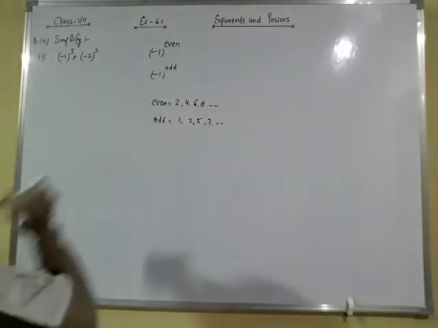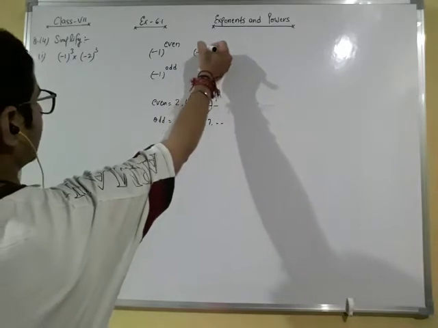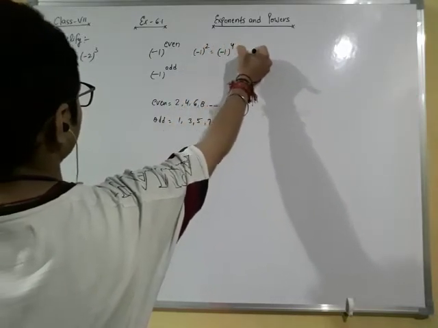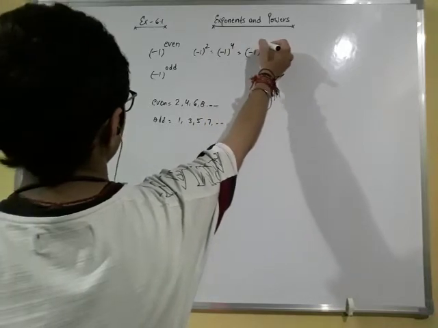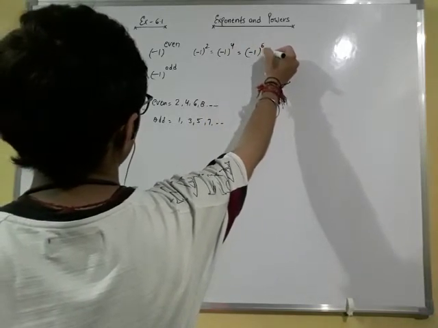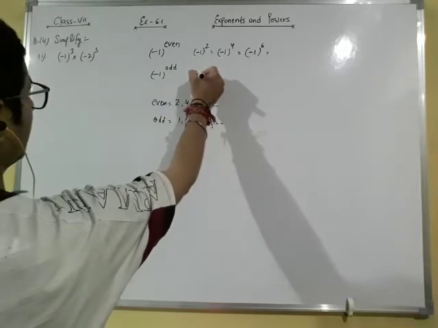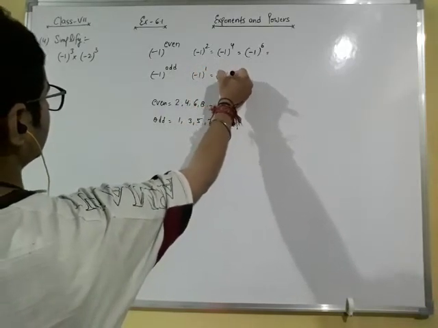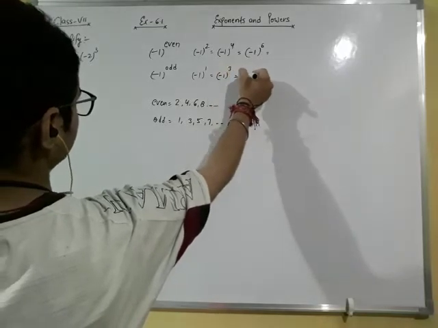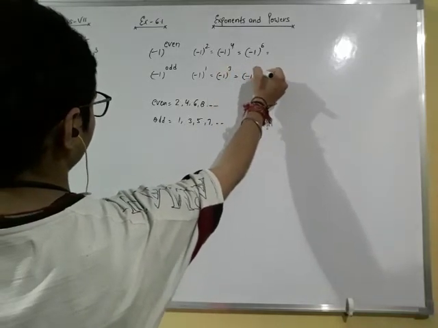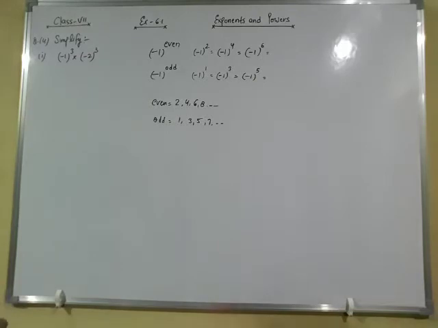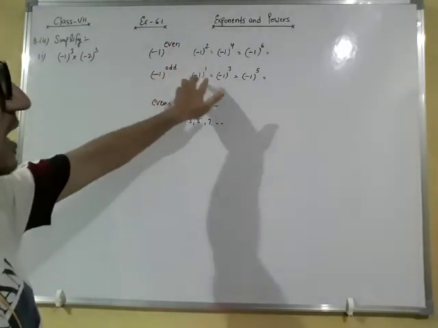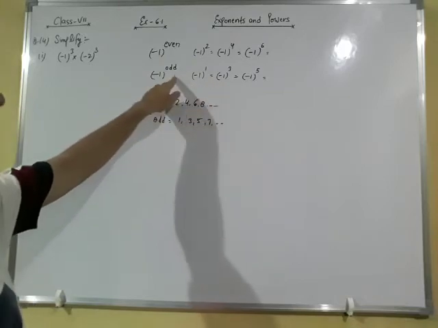So if we have minus 1 raised to the power 2, or minus 1 raised to the power 4, or minus 1 raised to the power 6 and so on, or if we have minus 1 raised to the power 1, minus 1 raised to the power 3, minus 1 raised to the power 5 and so on. These are some examples of even powers, and here are some examples of odd powers.